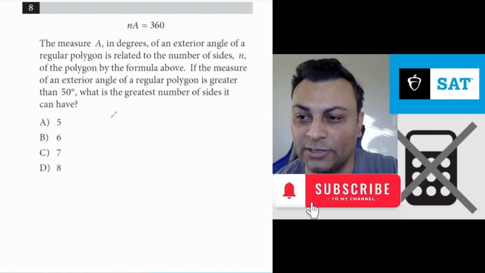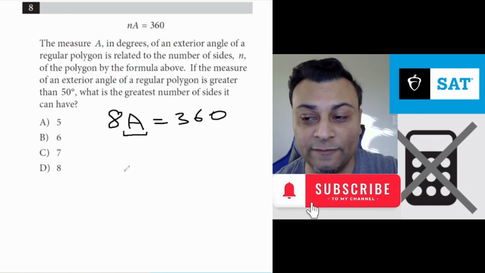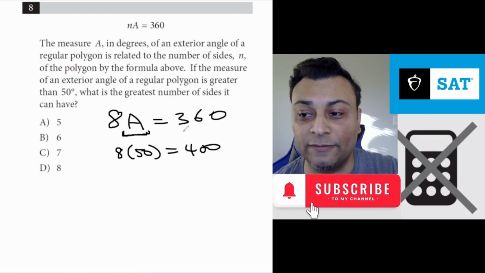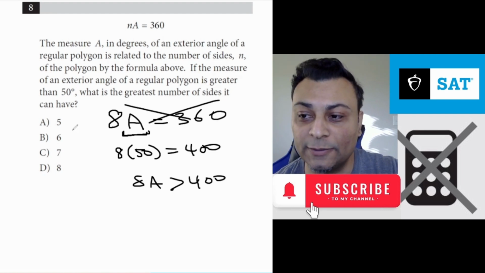Now, if this particular polygon had 8 sides, then you would have 8a equals 360. And a itself is more than 50. But 8 times 50 already is 400. So a is greater than 50, so 8a must be greater than 400, and it won't be 360.